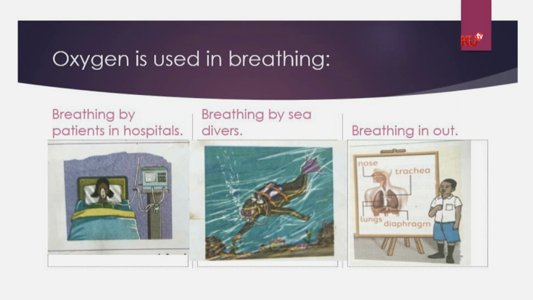You will be given oxygen. There are some machines used in hospital to enable you to breathe. So the first diagram shows a patient admitted in the hospital and put on oxygen. Therefore, the patient uses oxygen during breathing.